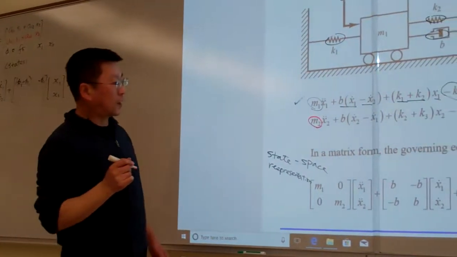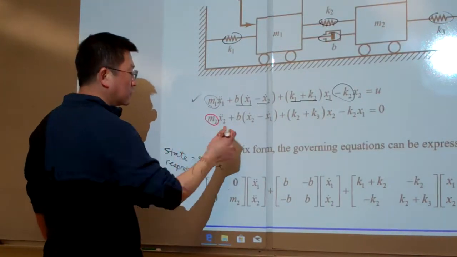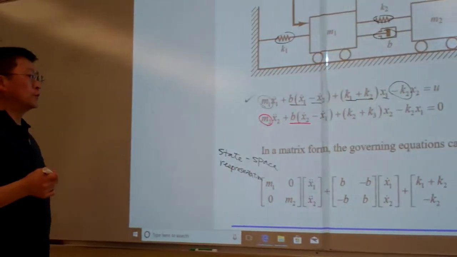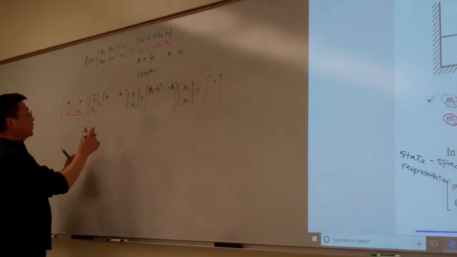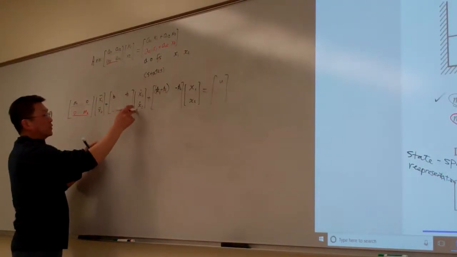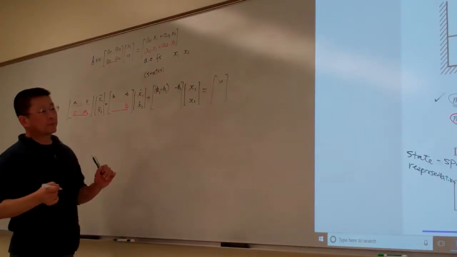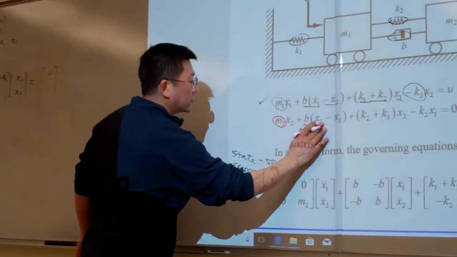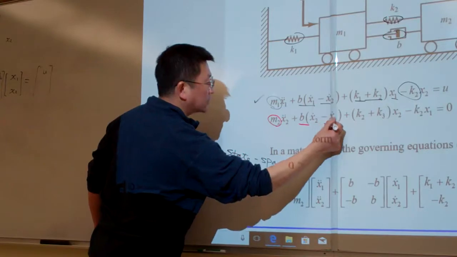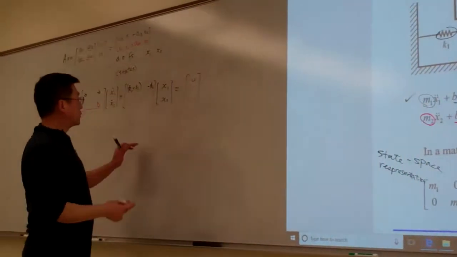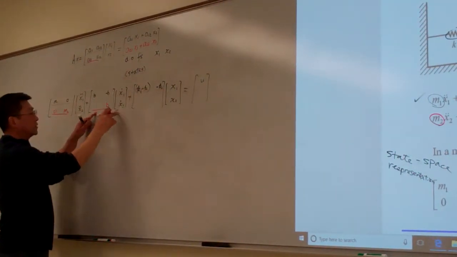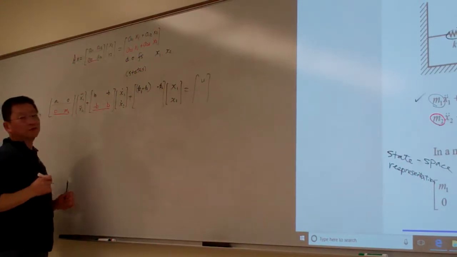Okay. And now for this one, B x2 dot. So this term multiplied with this must be equal to B x2 dot, so B is here. And then we go to the second term, B times minus x1 dot. So this one multiplied with this, the minus B should be here.